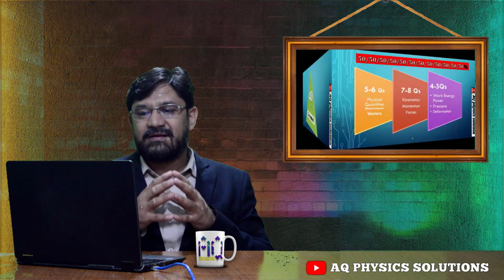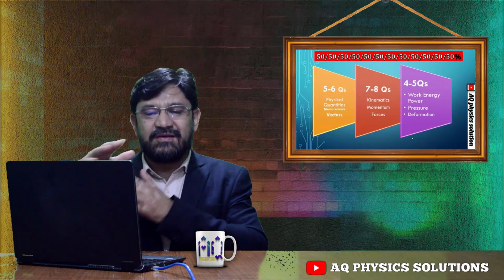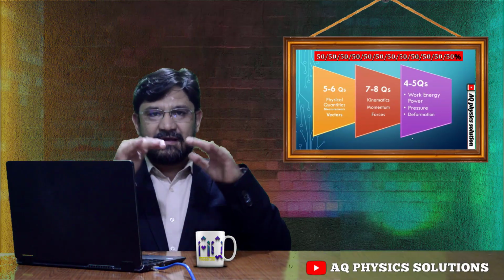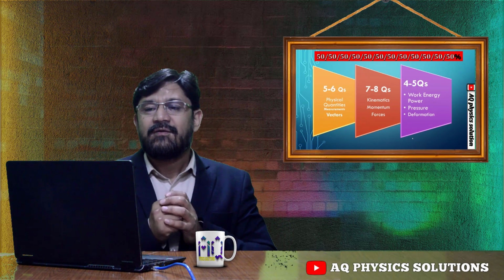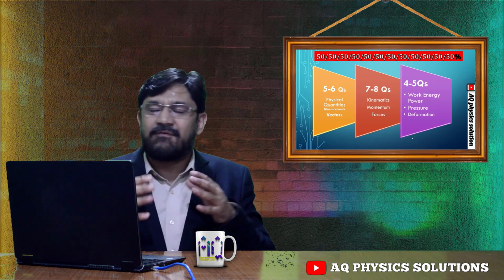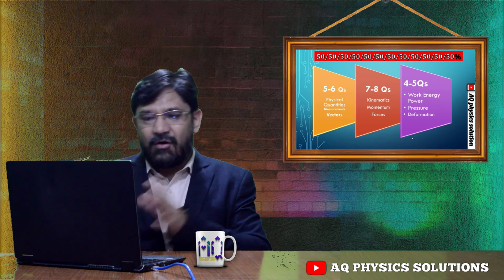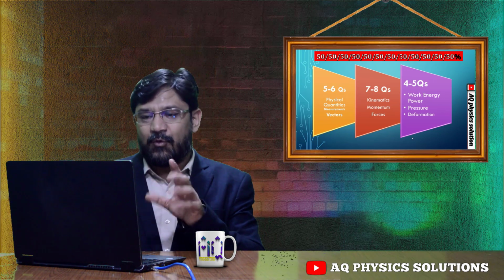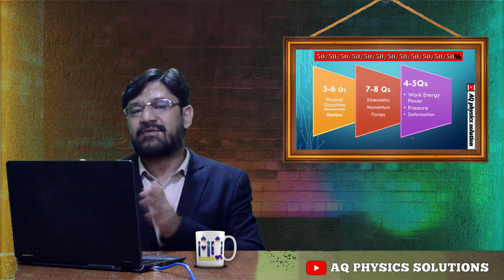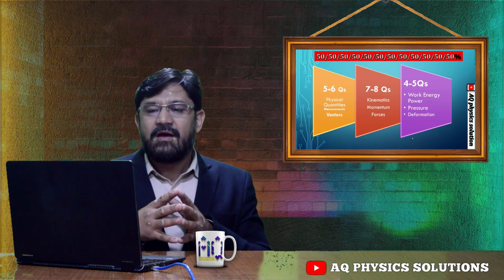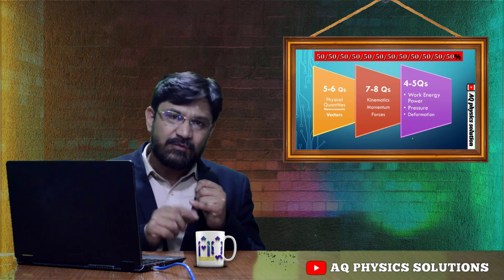Then the last part related to this distribution is basically the subtopical division. Here I have shared 50%. What does it mean? These three portions I have mentioned in this slide contribute 50% of your syllabus, in your MCQs. 5 to 6 MCQs are from physical quantities.